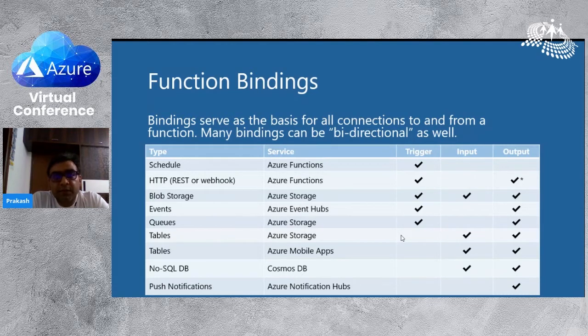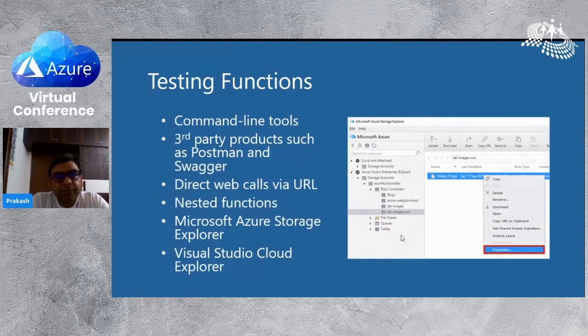So all kinds of bindings. Some could be triggers, where something happened at this point. Some could be where data came in as an input, or something is going out as an output. It would be bi-directional, of course, if it is both input and output. All those settings go into the function configuration. We'll be looking into this in the demo, how it looks.